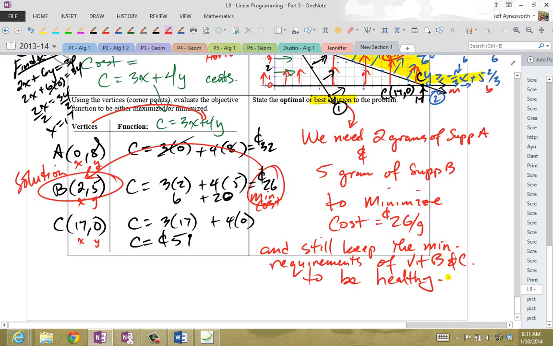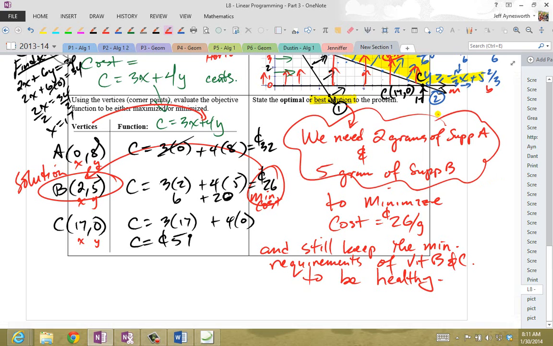This right here is the main part of the solution. This tells us what kind of combination we should use to keep our minimum requirements but also keep the cost down because, as you guys know, supplements cost money. You go to GNC or a health food store, it costs a lot of money.